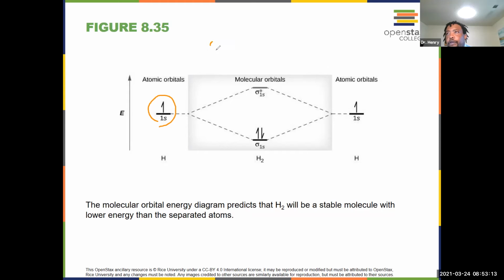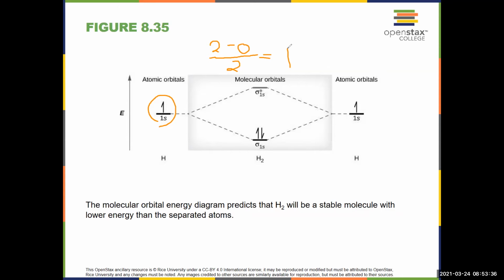So we have 2 minus antibonding. Do we have any electrons here? No. And we divide that by 2. That's going to be a bond order of 1. So it's going to form 1 single bond. You get it? Okay.